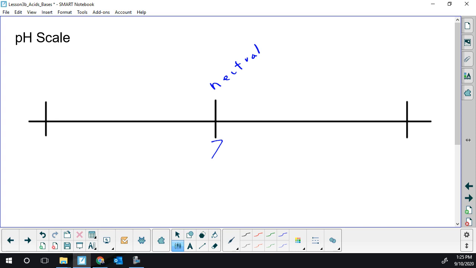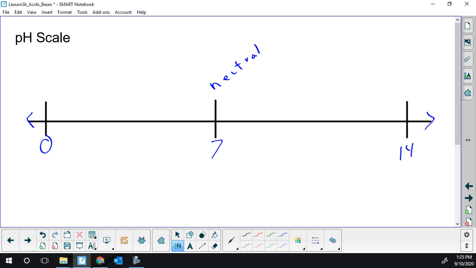Typically, you'll see 0 put at the bottom end. Is that what you're used to? It keeps going. It doesn't stop at 0. It rarely goes below 0, but it definitely can. If you have a lot of solute, a lot of chemical put in water, the pH can go sub-0. Typically, it doesn't go above 14, but it certainly can.